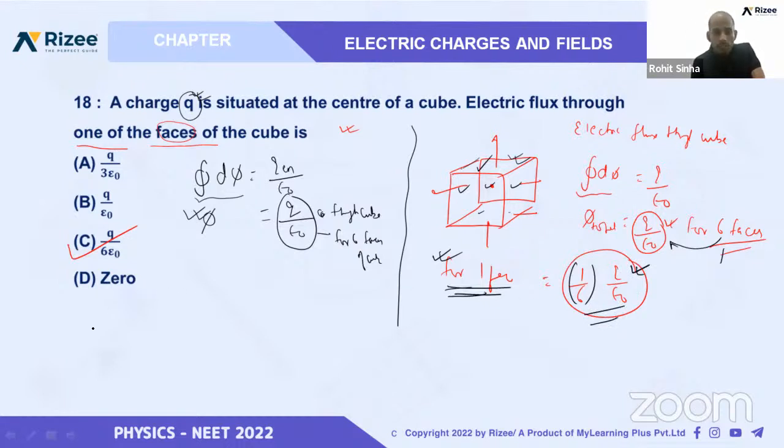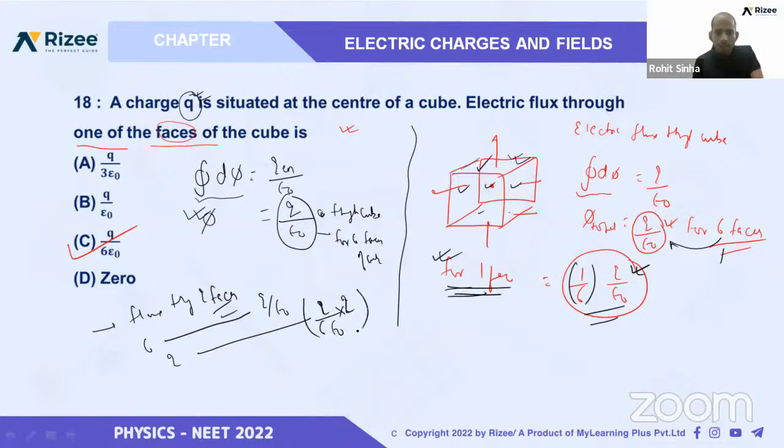If the exam asks for the flux through 2 faces, since for 6 faces it is q by epsilon naught, for 2 faces it will be q by 6 epsilon naught into 2.